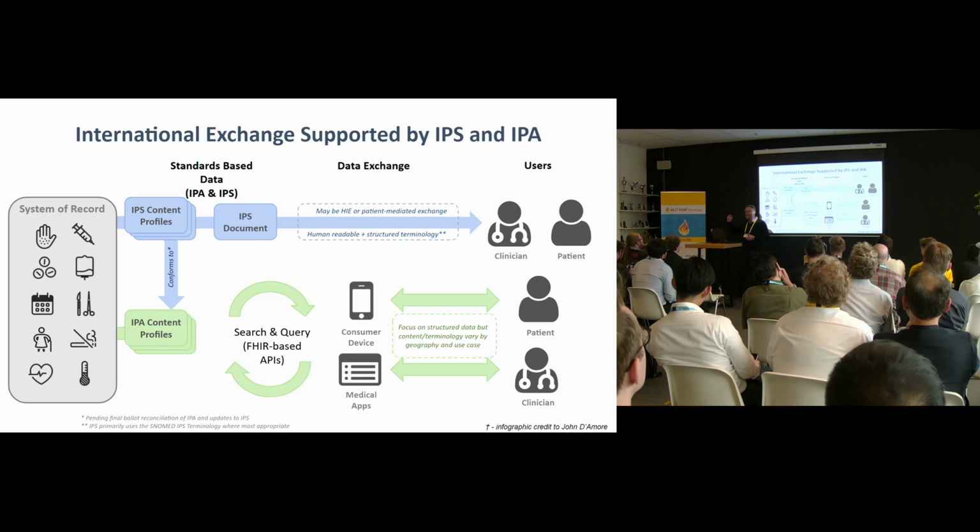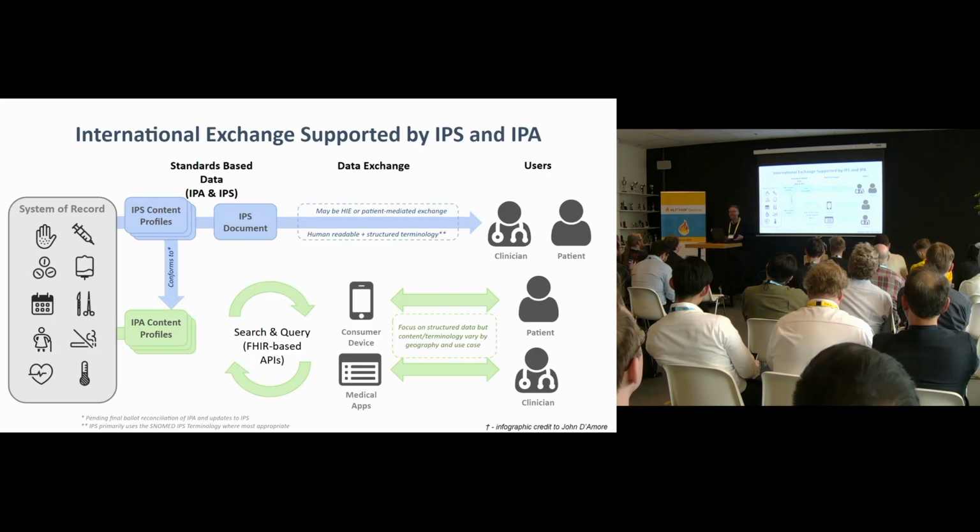We say use these half a dozen features in SMART to allow apps to connect to you, and as an app, to connect to FHIR servers in this globally accessible and common way. If you're interested in better understanding how IPS and IPA interplay, come up and talk to me. I think we've got Rob Hossam here this week as well, one of the primary IPS authors, as well as Mikhail.